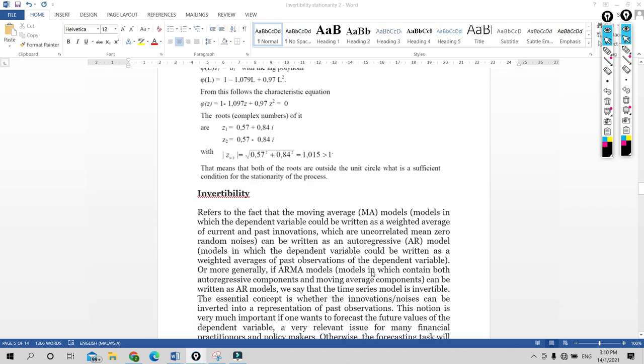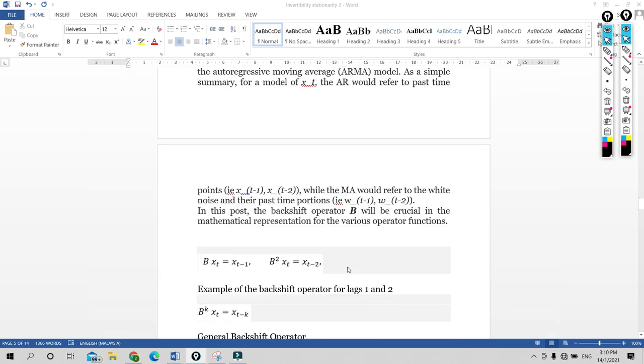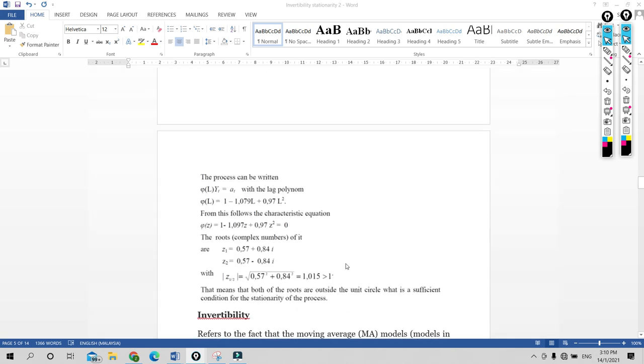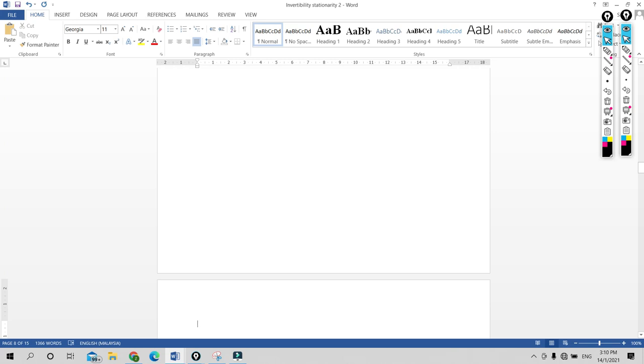The other part is I want to show you how to find the stationarity by using the unit root method. Stationarity by using unit root.